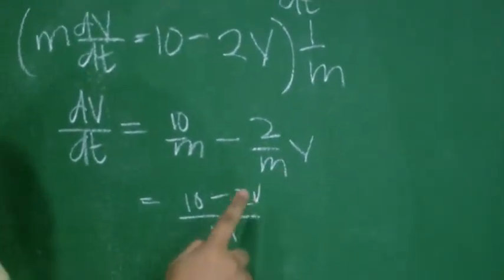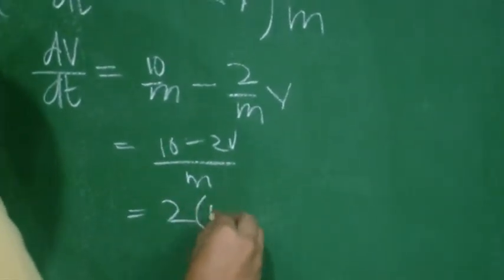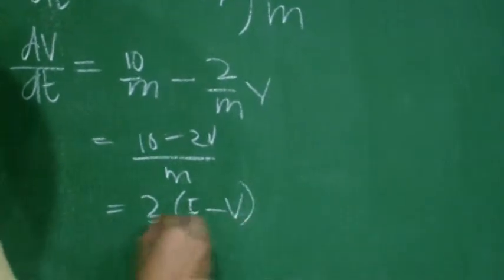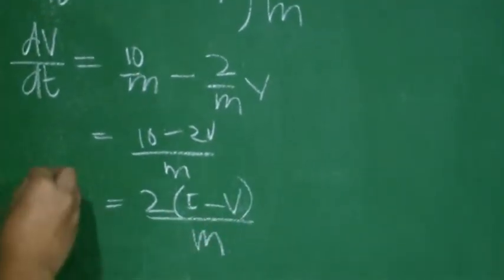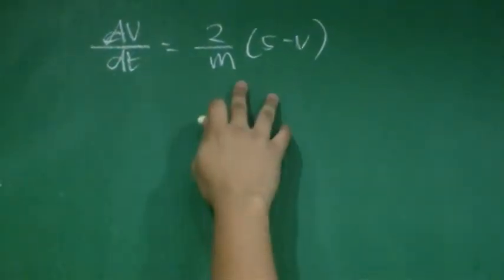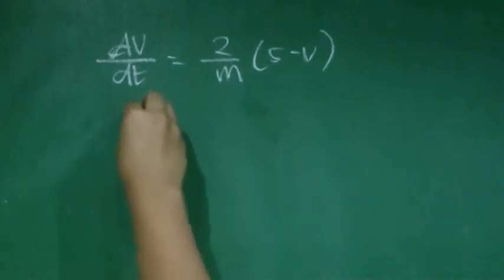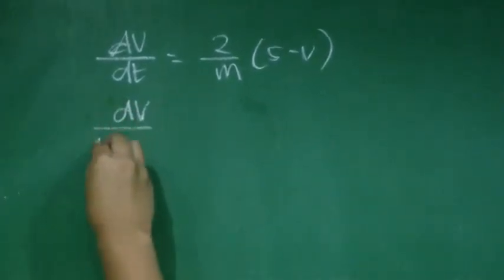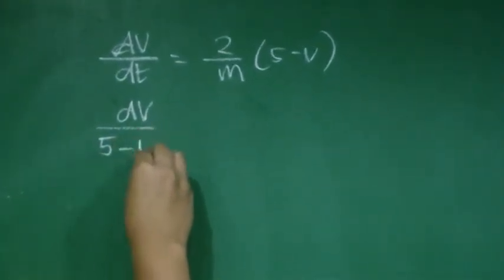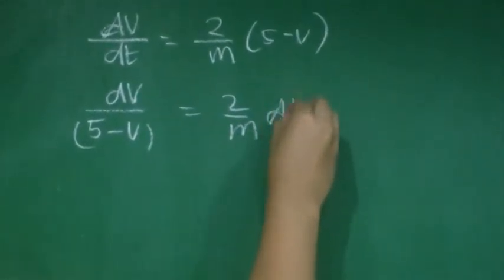And factoring out the coefficient 2, we have 2 times 5 minus v over m. Now, from here, we can have a separable equation. So, dv over 5 minus v is equals to 2 over m times dt.